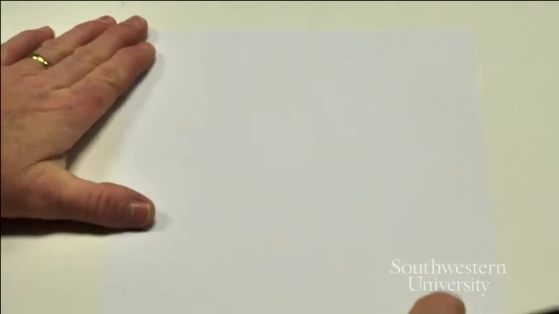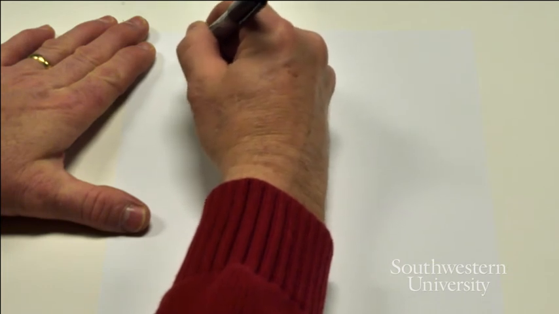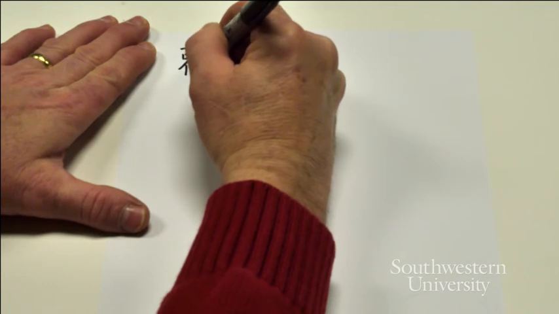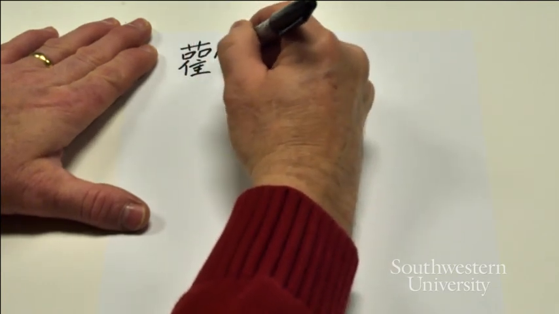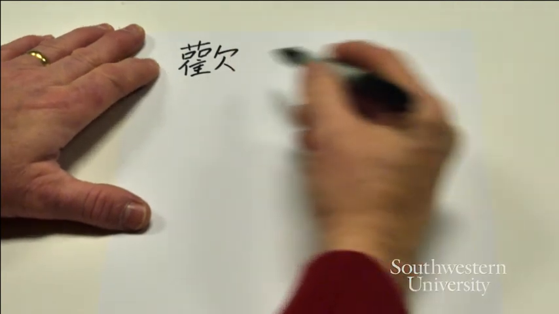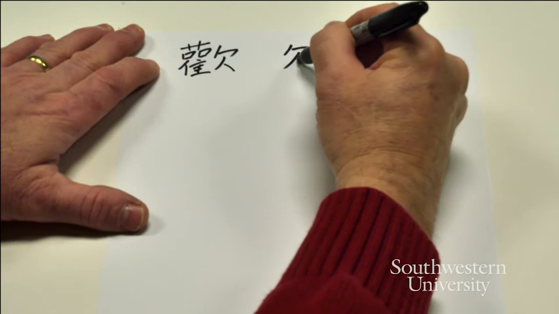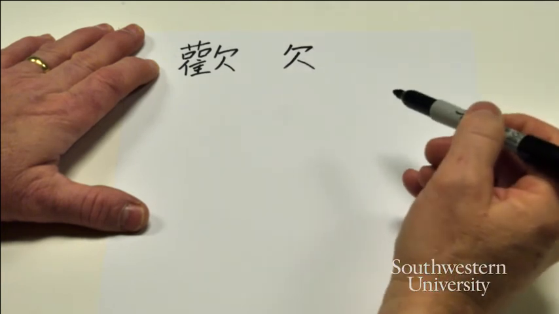The next character in traditional form looks like this. So that thing is all phonetic for Juan. The thing on the right side, Tian, means to yawn or to open the mouth.